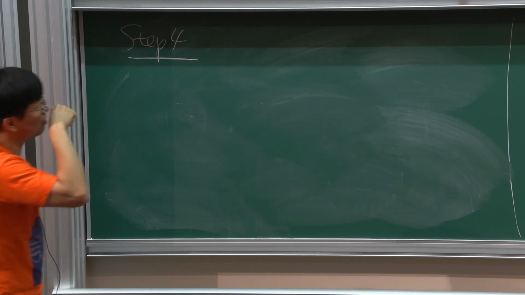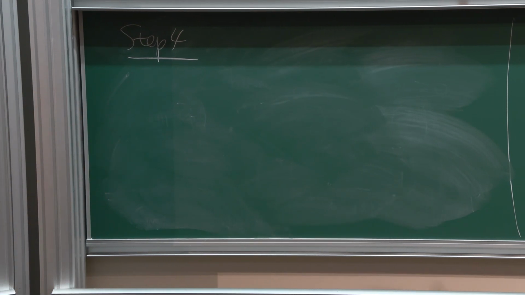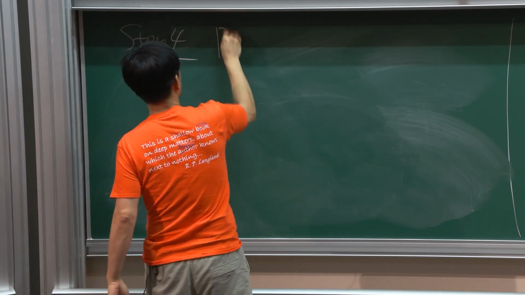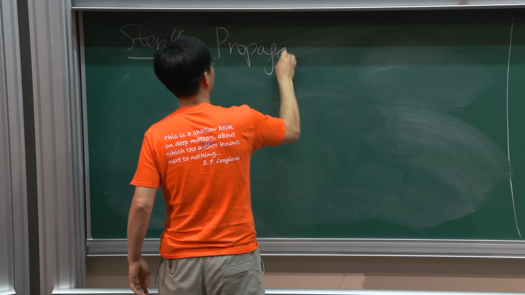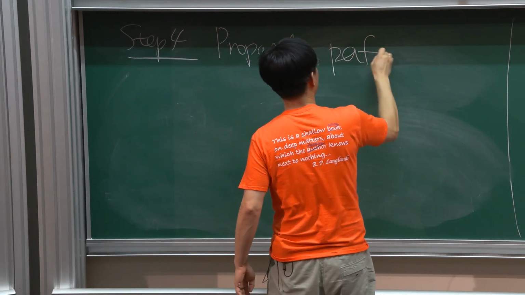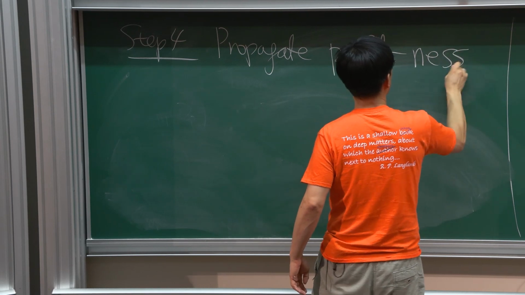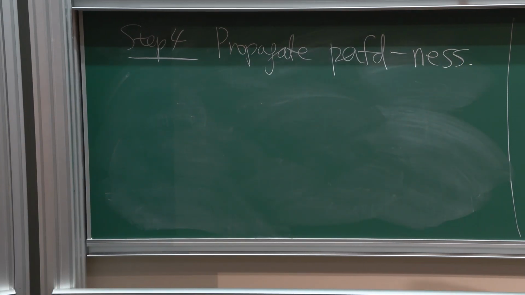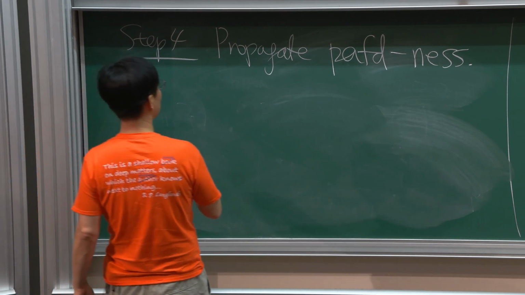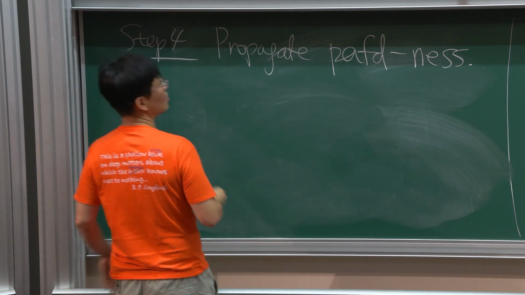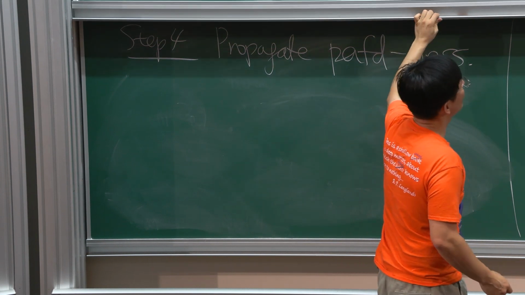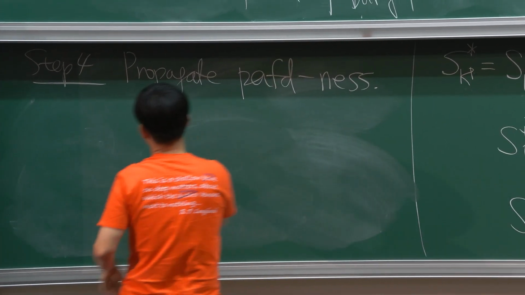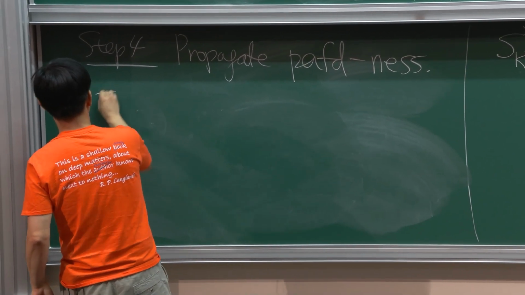And the way to use this Hodge-Tate period map is you use it to propagate perfectoidness, and you're going to use this GQP action. So to do this, it's good to know that I have this pi HT.